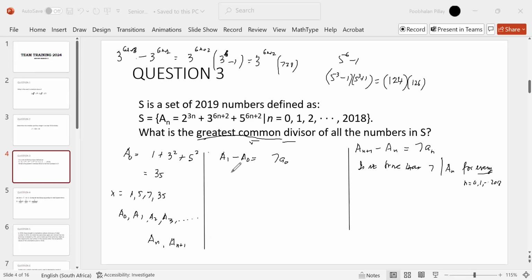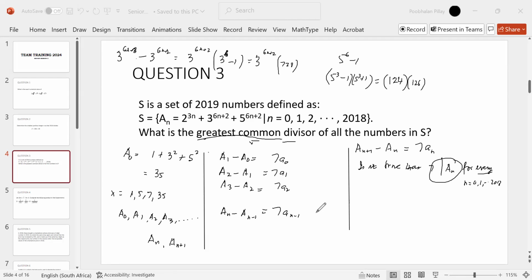See, it's a multiple of 7. And then if I put n equals 1, I have A2 minus A1 is 7 A1. If I put n equals 2, I have A3 minus A2 is 7 A2. And I'll go up to A n because I wanted to know whether 7 is a factor of A n. That's my question. So I'll go up to A n minus 1 is 7 A n minus 1.